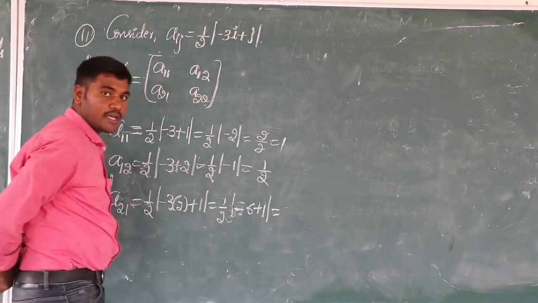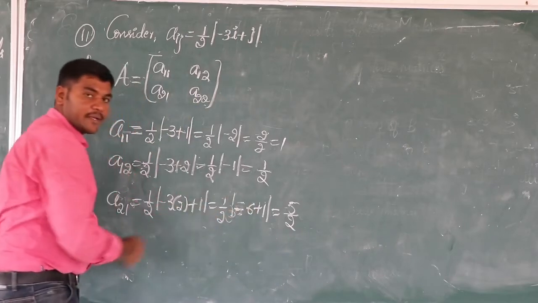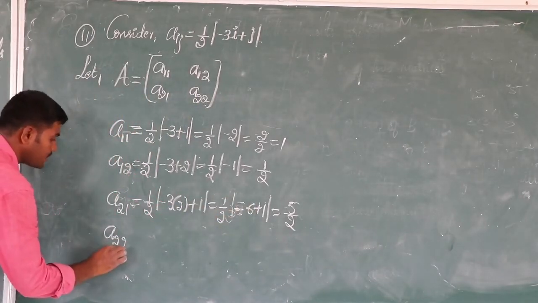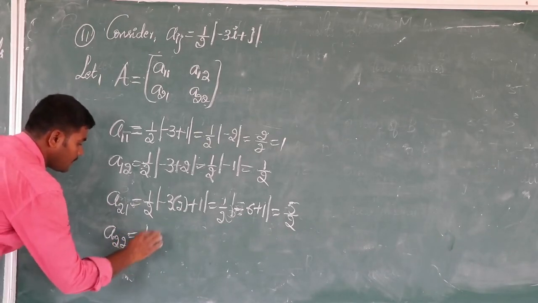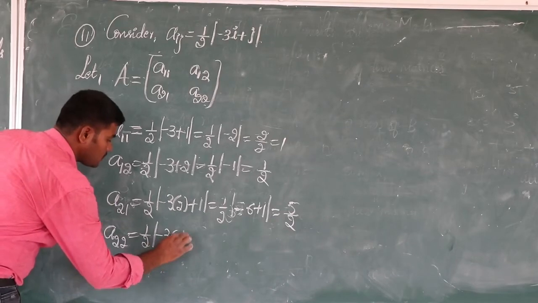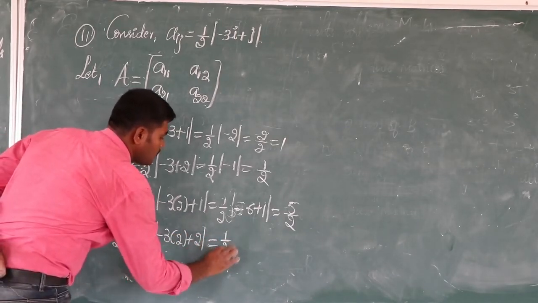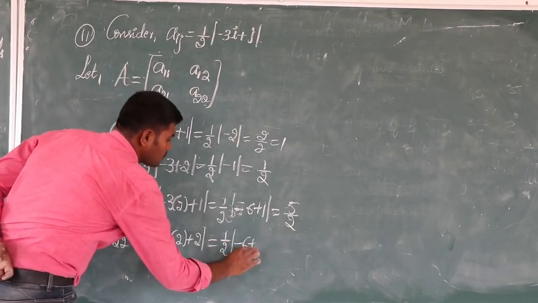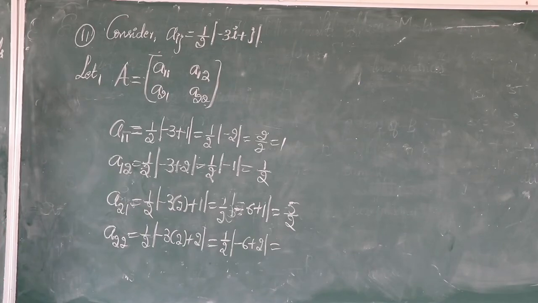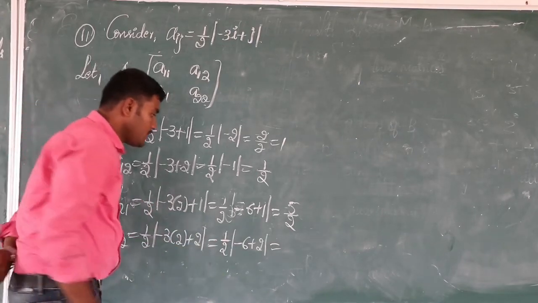That is 1/2 times |−6 + 1|, which gives 5 by 2, taking the positive quantity. Last, the second row second element: 1/2 |−3 × 2 + 2|, which is −6 + 2, that is −4. Again take the positive quantity, 4 by 2, which means 2.